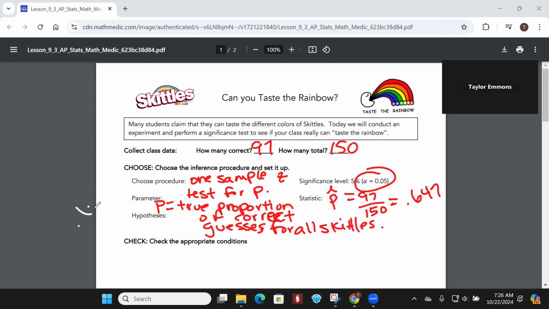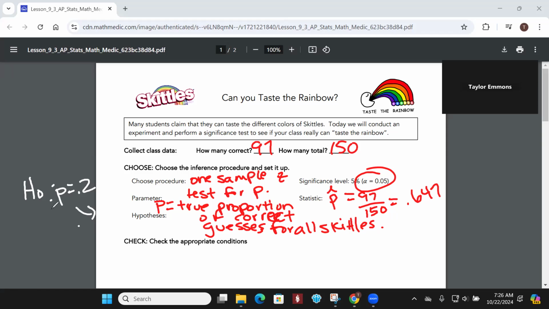Yesterday, we started talking about the hypotheses. The null hypothesis was what? Define the null hypothesis for me. Okay, so in here, we're trying to say that 0.2 is the true proportion.